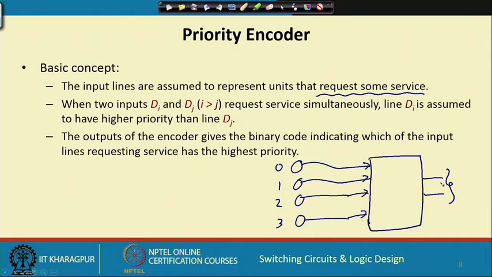Now, in a priority encoder, whenever two of the inputs, let us say d i and d j, where i is greater than j, request service simultaneously, then you assume that d i has higher priority, because i is greater than j. So, the output will generate the binary code for the highest priority input that is active. This is how the priority encoder works.